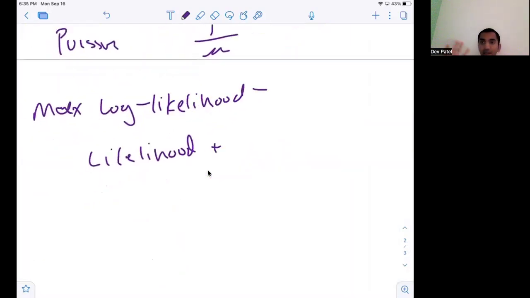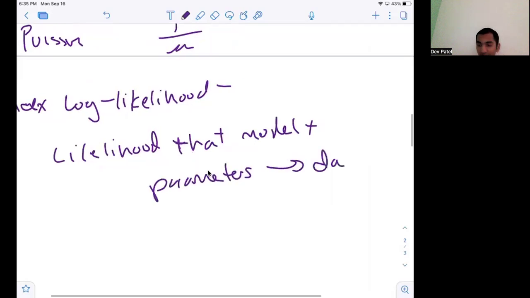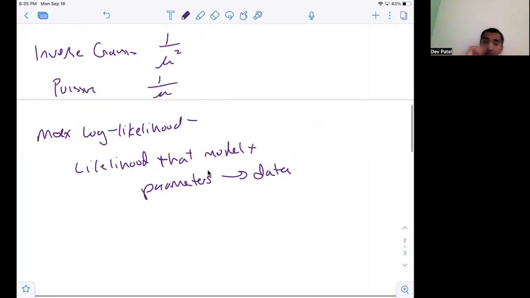The higher the max log likelihood, the more closely our model matches the fully saturated model, and we'll get into more detail on what that actually means. It's the likelihood that the model and its parameters match very closely with the data itself. And you don't want too high of a max log likelihood, because that is a potential sign of overfitting as well.